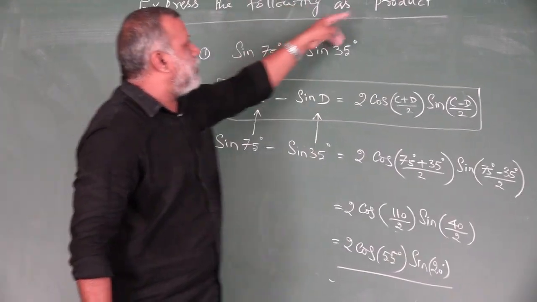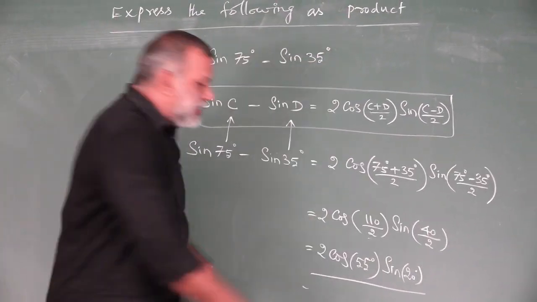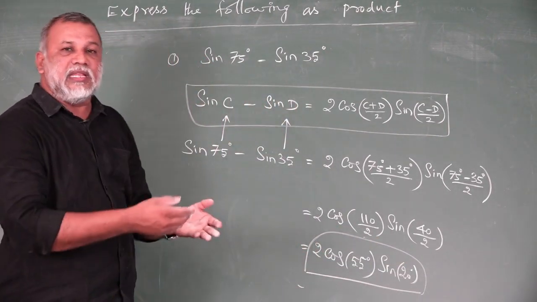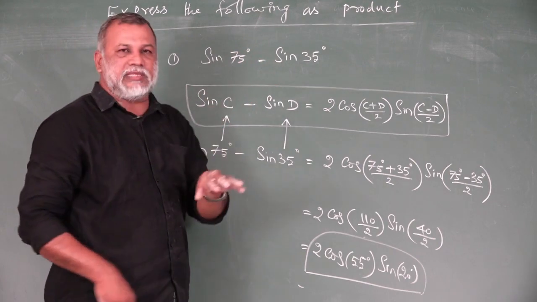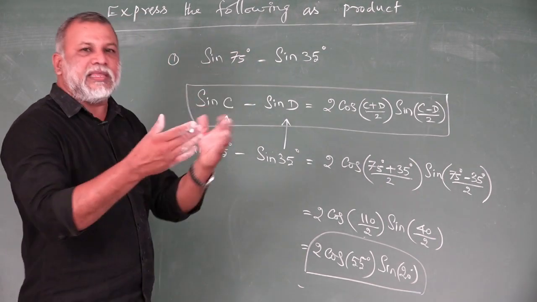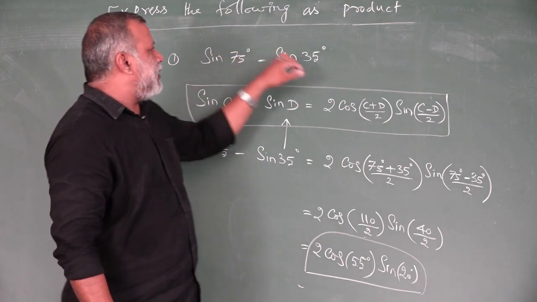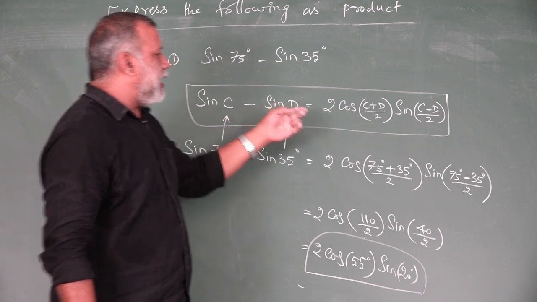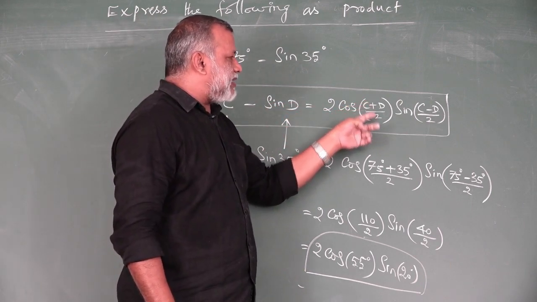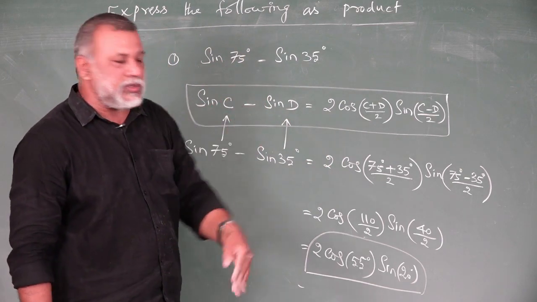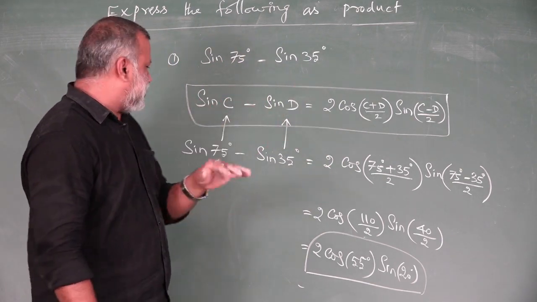See the resultant. Express the following as the product, so the resultant must be in the form of product. The given is in the form of either addition or subtraction, that is either sum or the difference. So you have to relate the given data, sin 75, sin 35, to sin C minus sin D equals 2 cos of C plus D by 2 sin of C minus D by 2. Refer to your previous videos, we have all these applications.